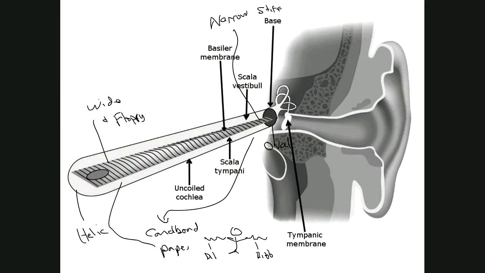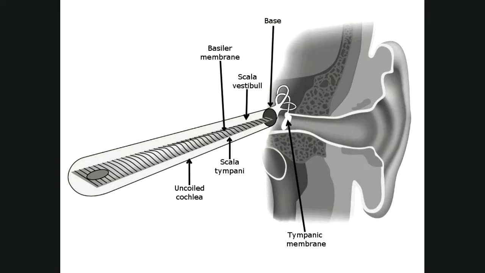In other words, if I vibrate this membrane, the vibration here is going to be different than it is here, than it is here, than it is here. Because remember, down here it's narrow and stiff. And the further you go, it gets more and more floppy.